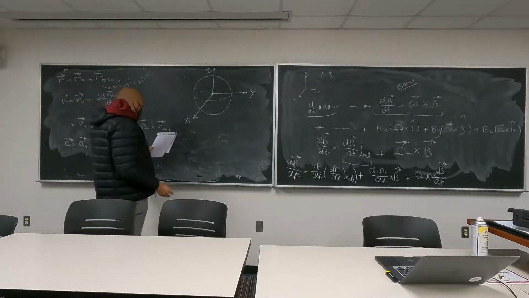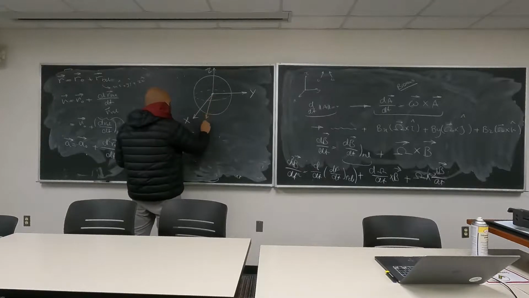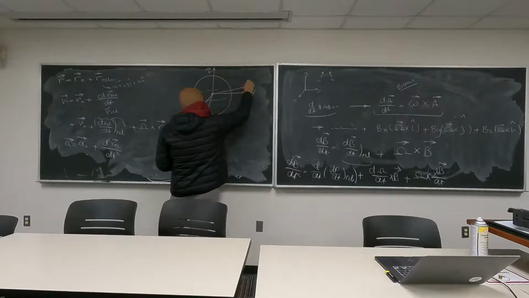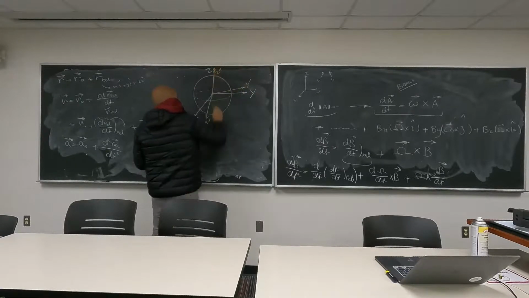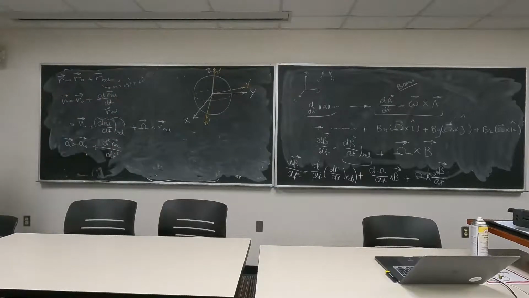We can have another frame of reference, which is going to be a moving frame of reference, X prime, Y prime, and Z prime, that is moving around the Earth's axis of rotation.